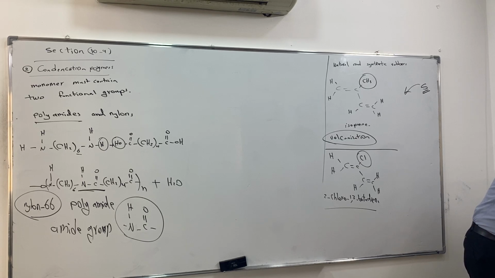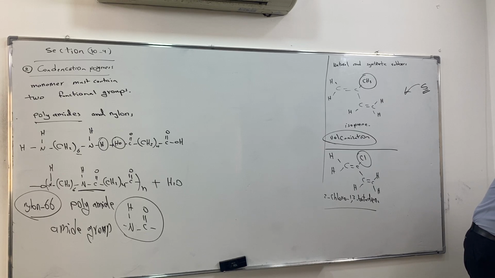When polyamides are heated or treated with radiation, extensive cross-linking occurs and the final product becomes very rigid and strong.